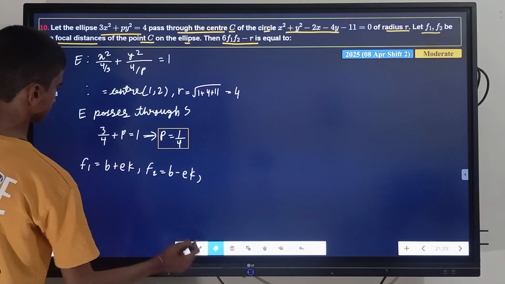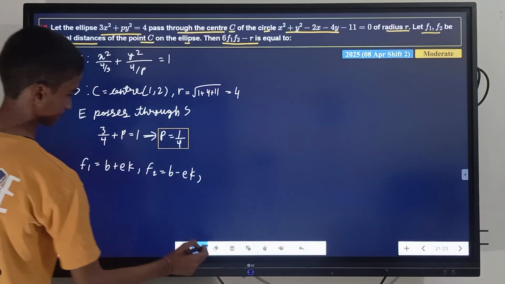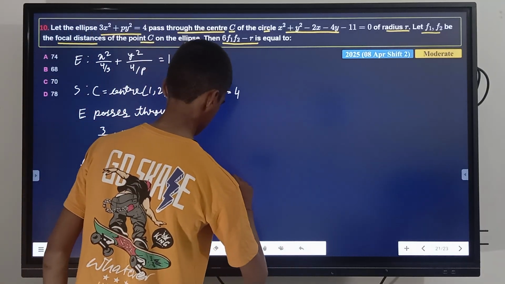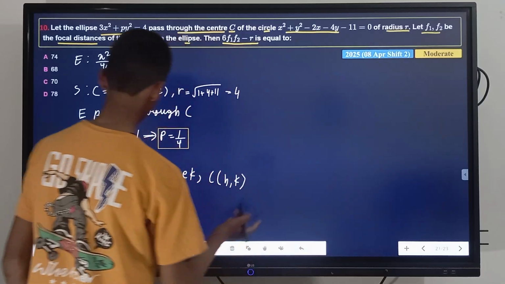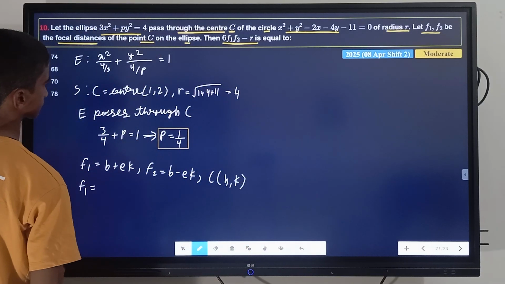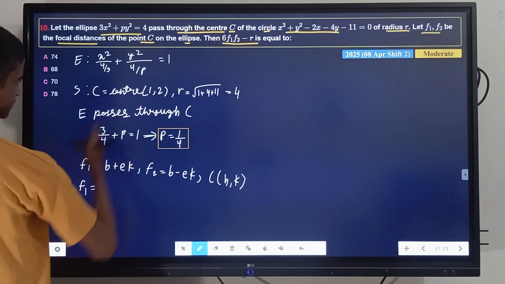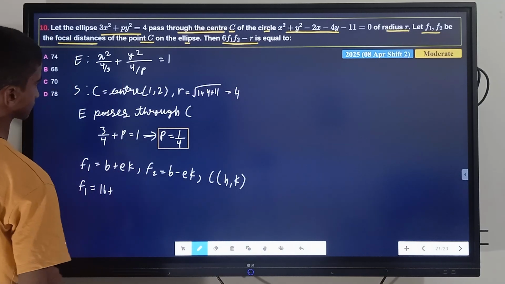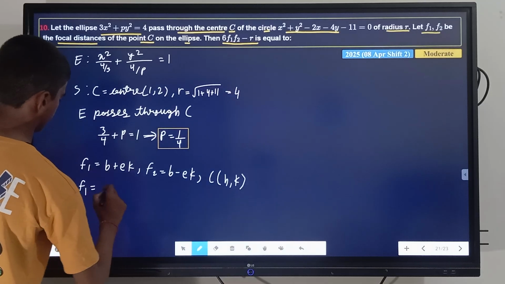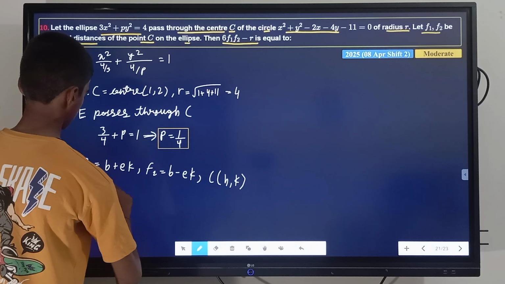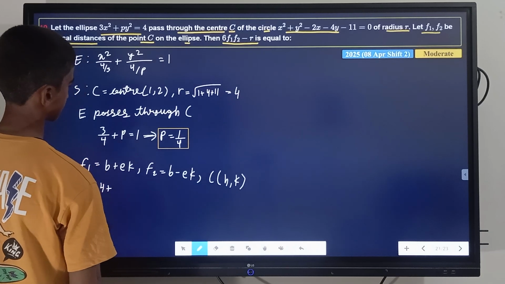Let's say this is S and this is C. And our C is h comma k. So from here our F1 is, now here b is 4, root of 16, 4 plus eccentricity.